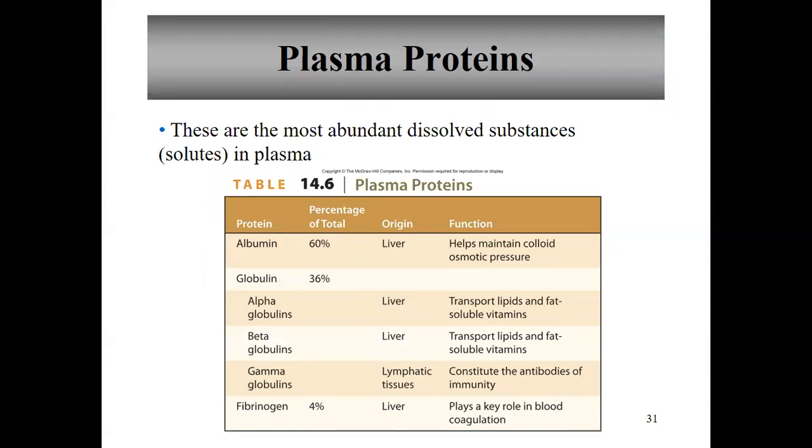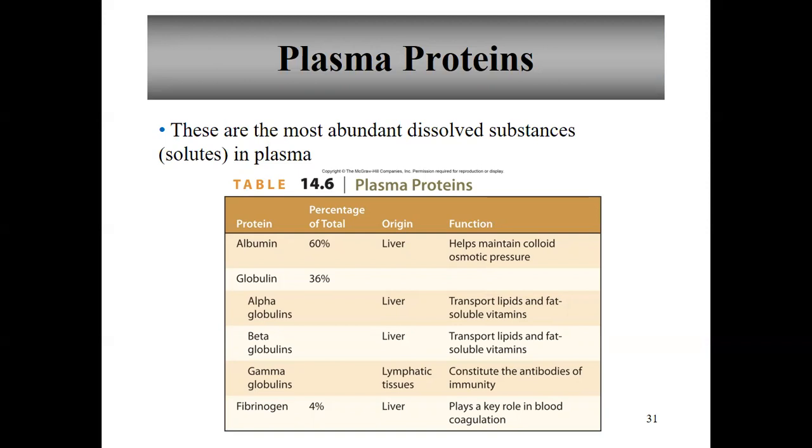Plasma proteins. Plasma proteins make up a good bit of the dissolved product in your plasma. You have three main kinds of plasma protein: albumin, globulin, and fibrinogen.